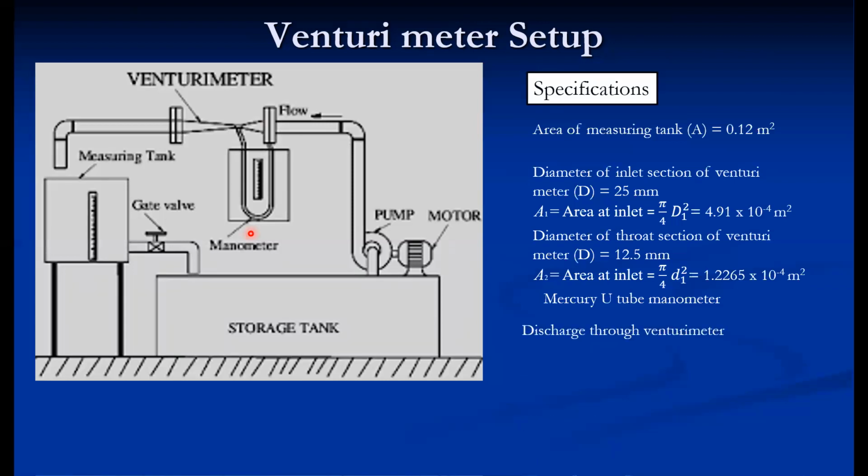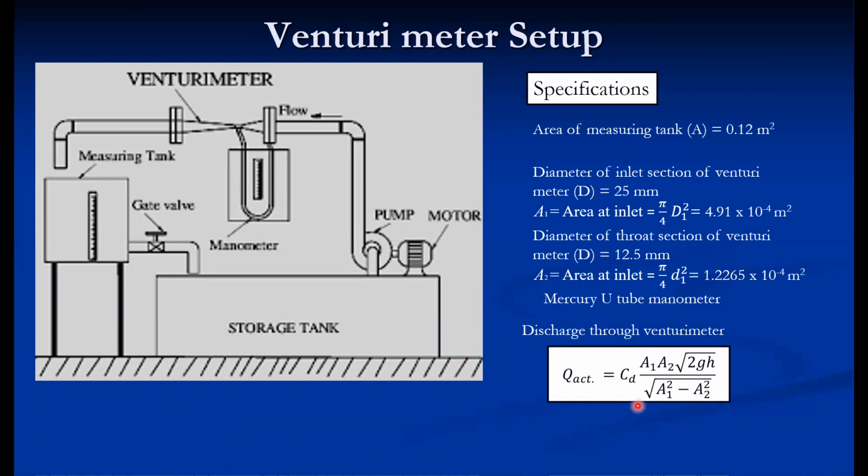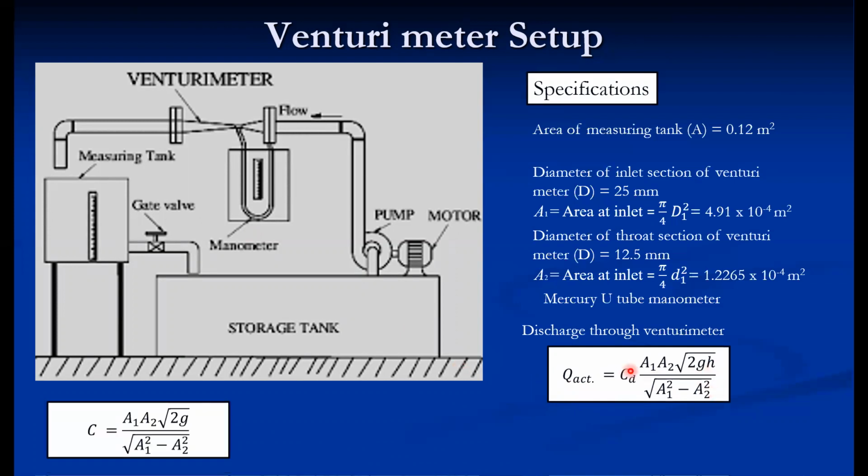We can consider the discharge to the venturimeter as per the expression: actual discharge equals CD A1 A2 root 2gh upon root of A1 squared minus A2 squared. If we consider the term A1 A2 under root 2g upon A1 squared minus A2 squared as C, and substitute the values of A1 and A2, we get the value of C for this venturimeter as 5.61 × 10^-4.